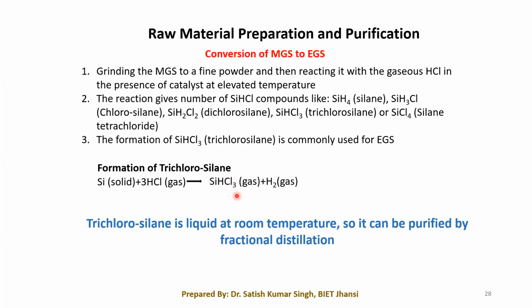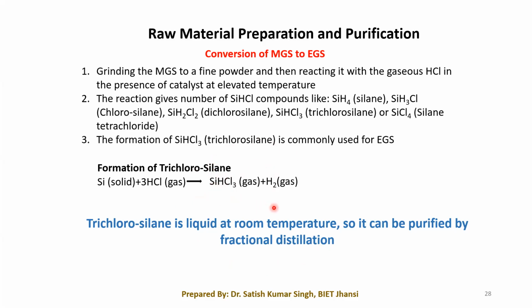Because it is in the liquid form at room temperature, if we boil it using fractional distillation, then at different temperatures, because the boiling points of the different materials are different, we can separate the silicon from the impurities.